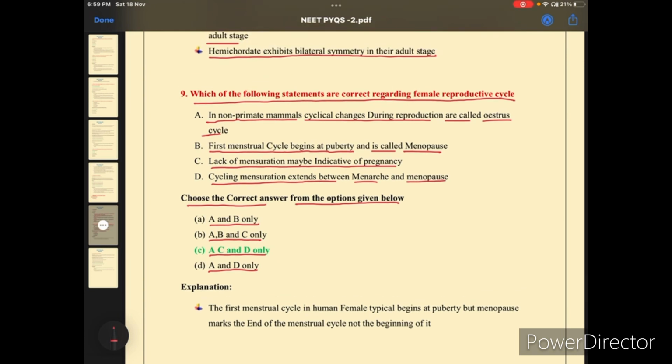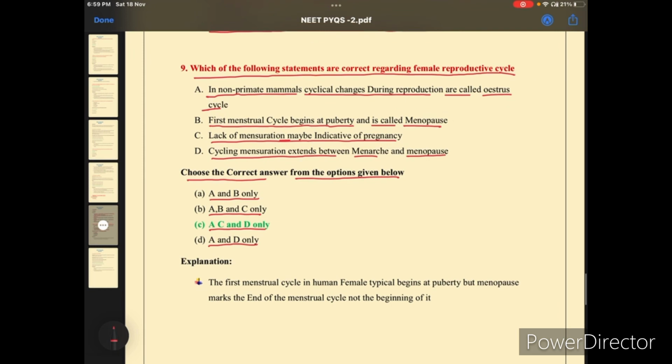A. In non-primitive mammals, cyclical changes during reproduction are called the estrous cycle, and this is correct. The lack of menstruation may be an indicator of pregnancy, this is also correct. And cyclic menstruation is exhibited between menarche and menopause, this one is correct.